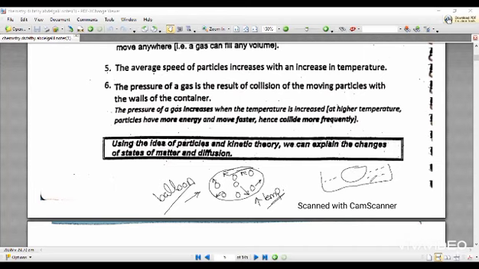Try to make this experiment at home. Why? Because by increasing the temperature, the particles will gain more energy. And if the particles gain more energy, they will move faster, and if they move faster, they will collide more frequently.